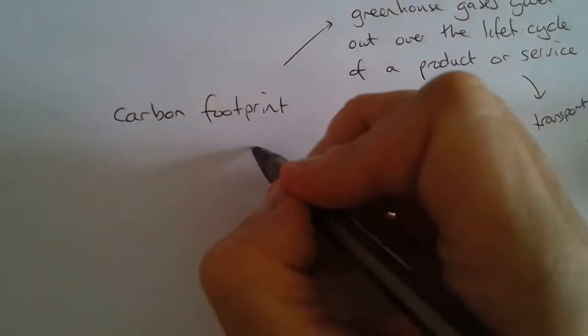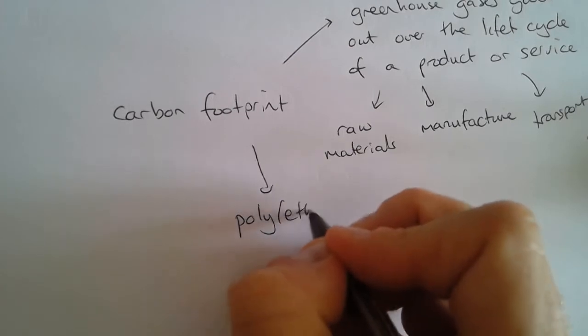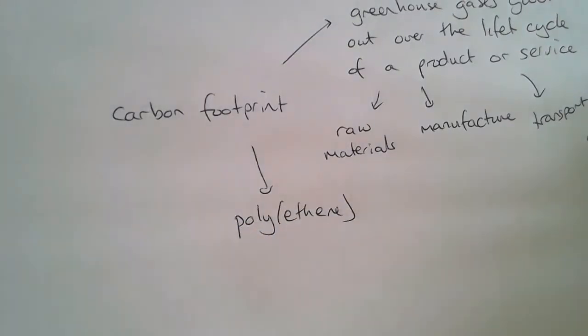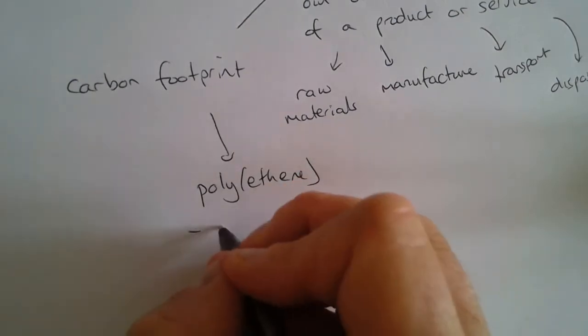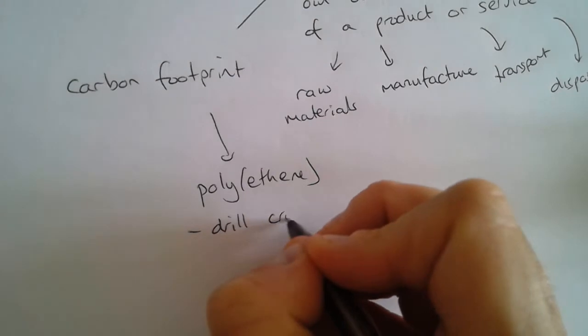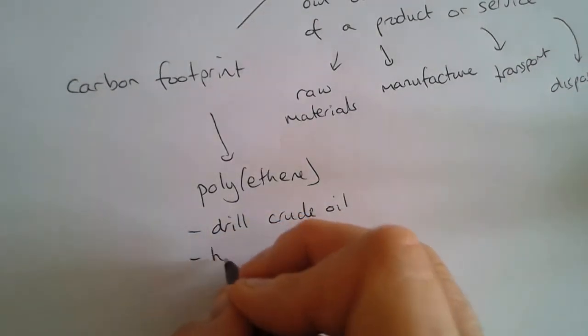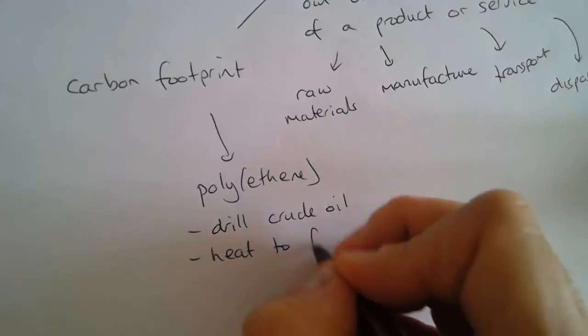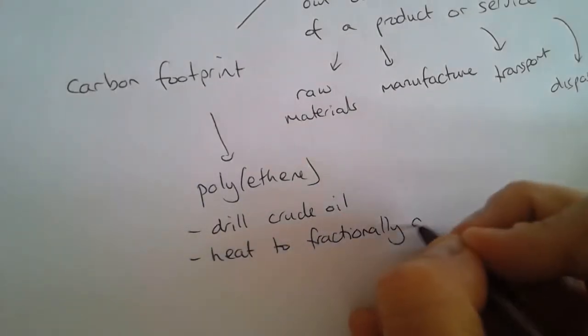So if we think about a polythene or polyethylene bag, so a polyethylene carrier bag, the raw material for that actually comes from crude oil. So we've got to drill for the crude oil. We've got to heat it to fractionally distill it.